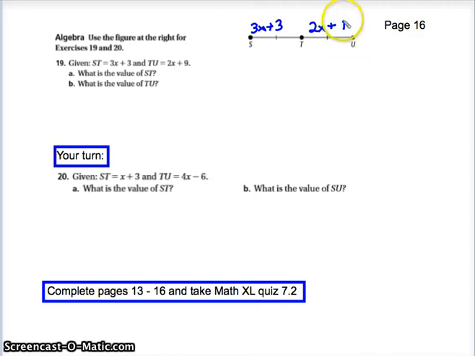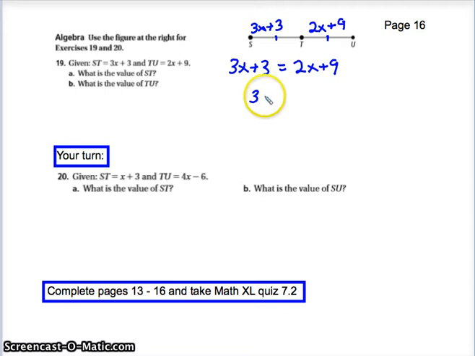Now there's something really important on this segment, and it's these two small tick marks. These two small tick marks tell me that segment ST is congruent to segment TU, meaning they have the same measure. So since they have the same measure, I can go ahead and set these expressions equal to one another. So 3x plus 3 is equal to 2x plus 9. Going to go ahead and solve for x now.